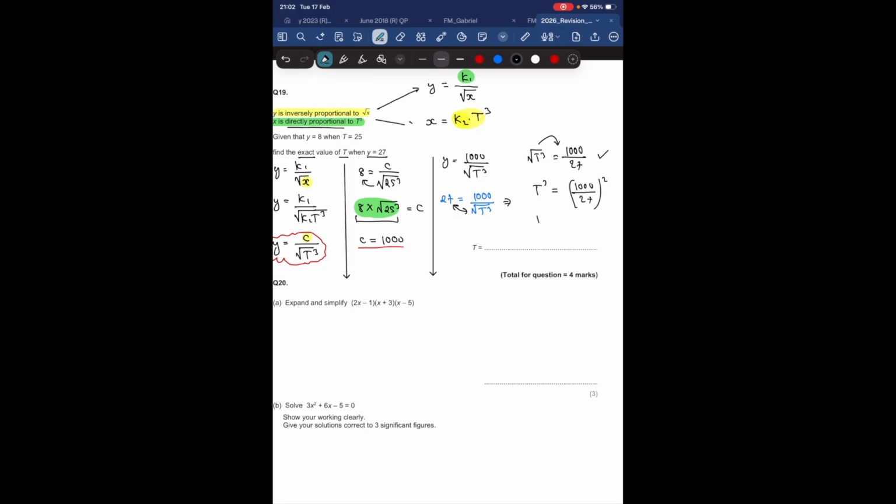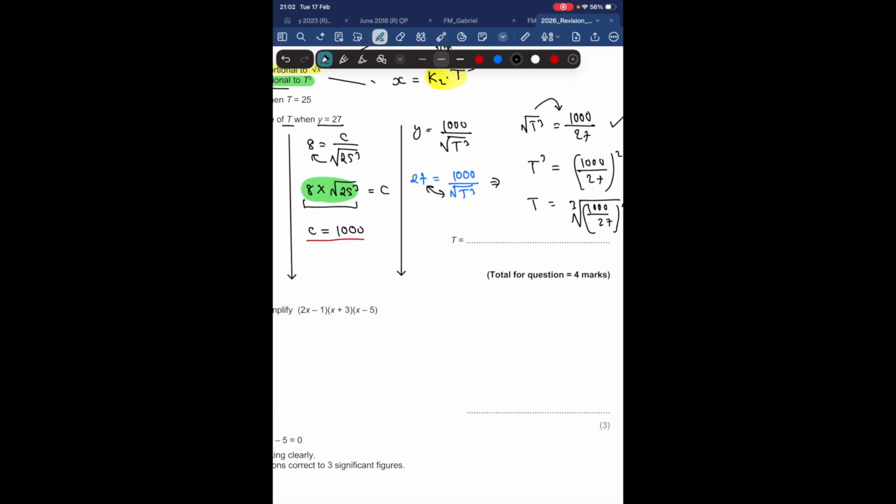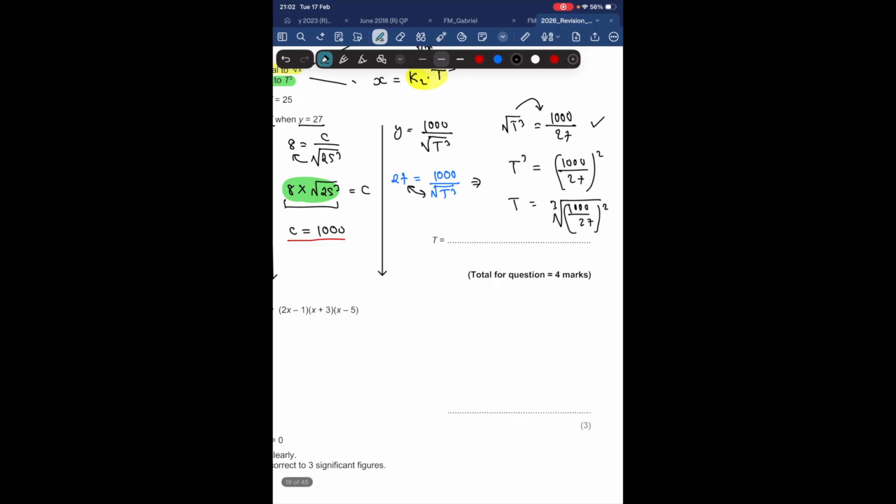And to get t, I now need to take the cube root of what I have on the left-hand side. So I'm taking the cube root of this 1,000 over 27 squared.